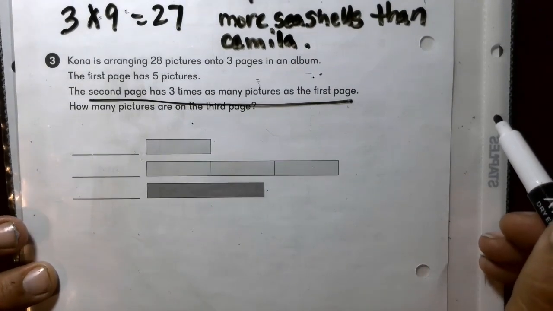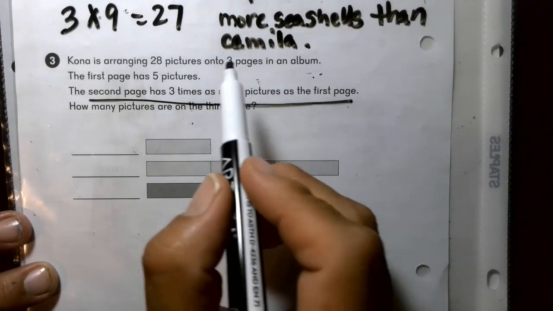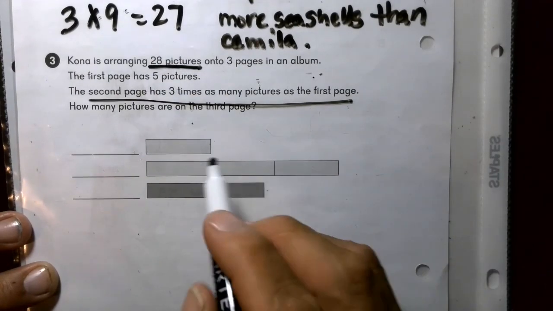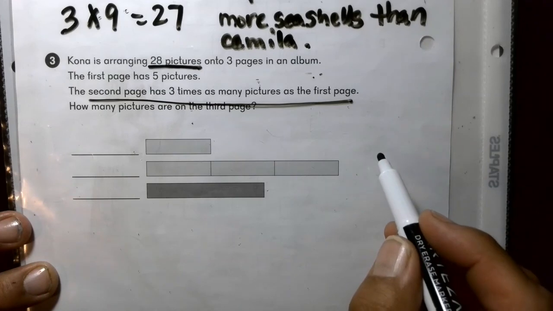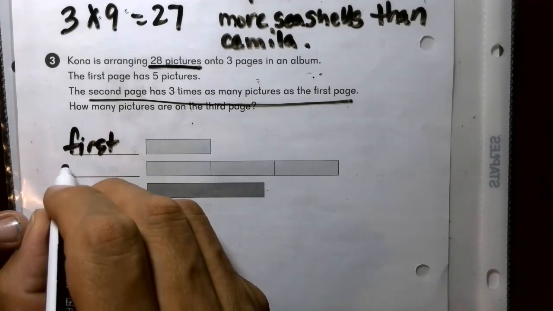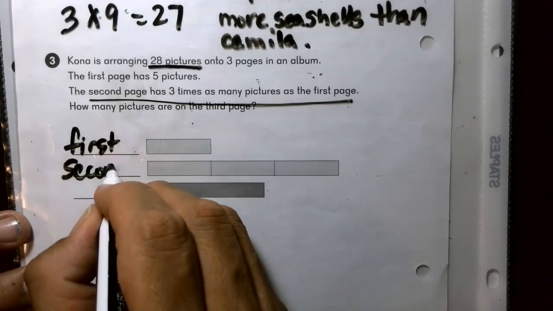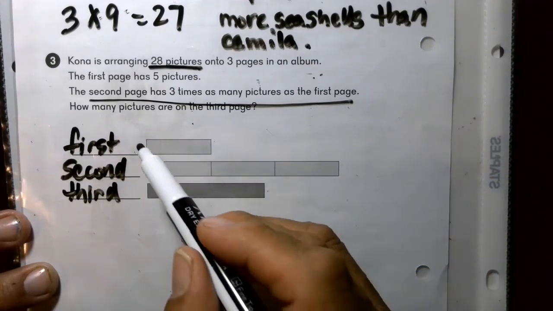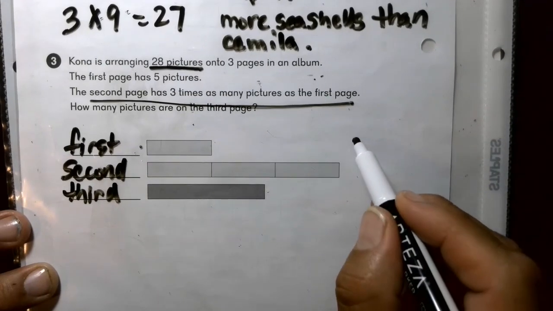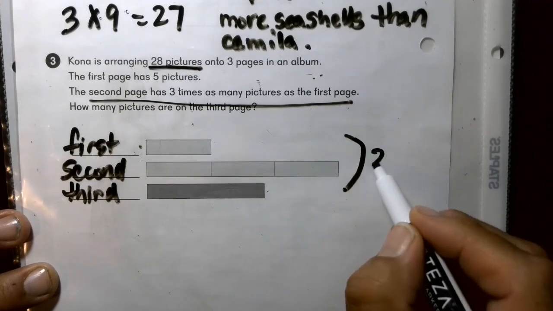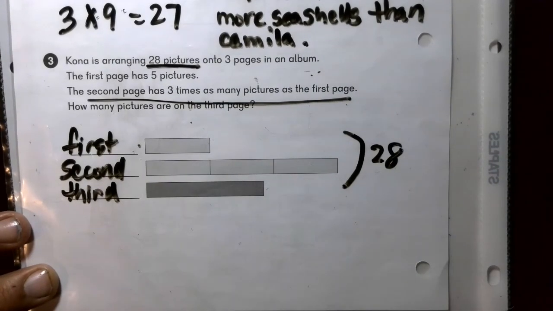Whoa, so let's take a look here. So I know that the first information that was given to us was what? 28 pictures on 3 pages. Okay, here's the first page, here's the second page, and here's the third. 1, 2, 3, and I know that all 3 of these pages equal how many pictures? 28.